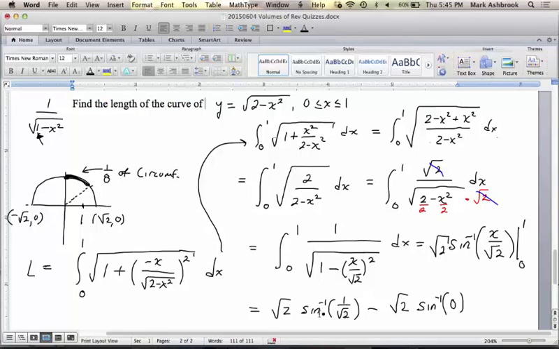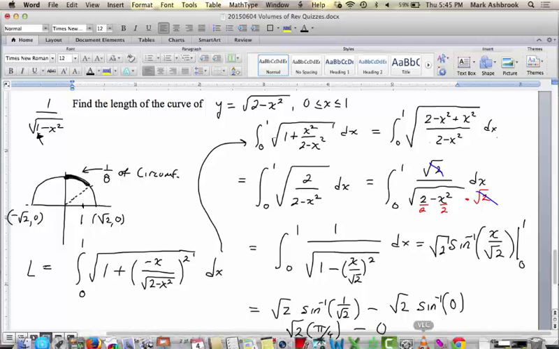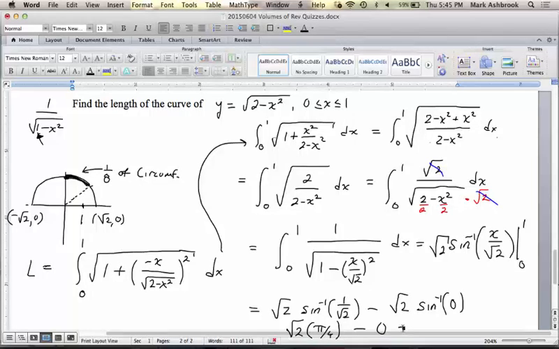What angle gives us a sine of radical 2 over 2? Right, pi over 4. And what angle gives us a sine of 0? 0. So we've got that arc length is radical 2 pi over 4.